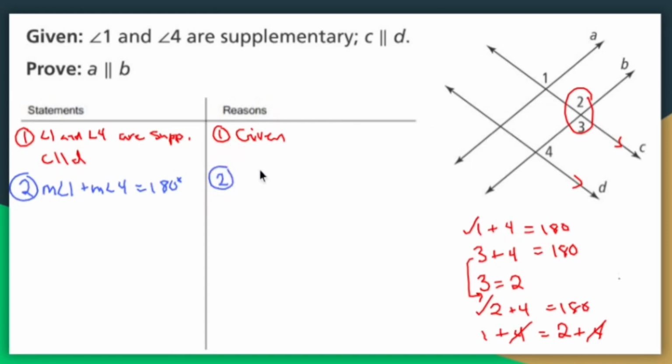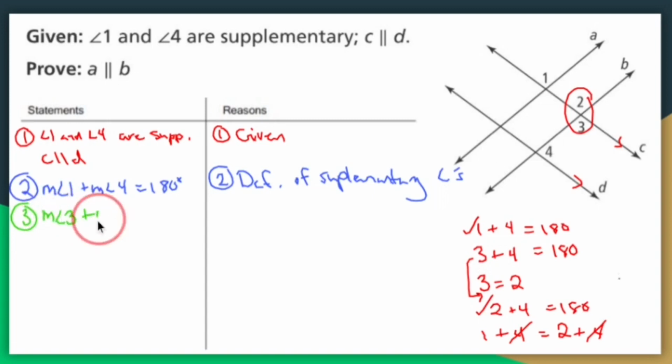Now, the reason for that is the definition of supplementary angles. Look, abbreviations again. Use them. All right, what else did I say? I then said that the measure of angle 3 and 4 add up to 180 degrees.